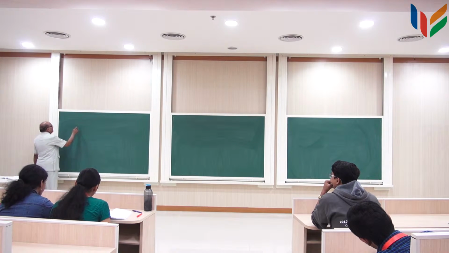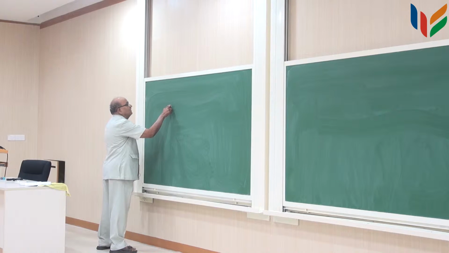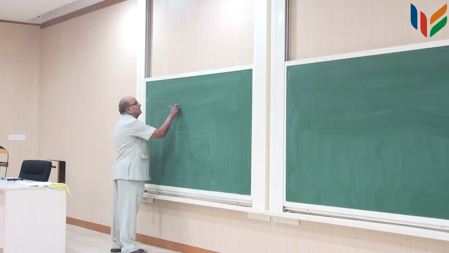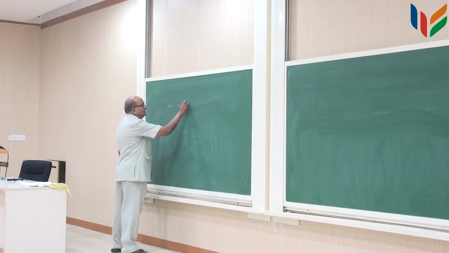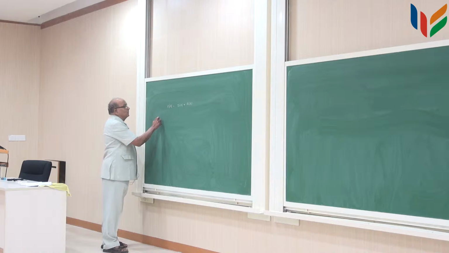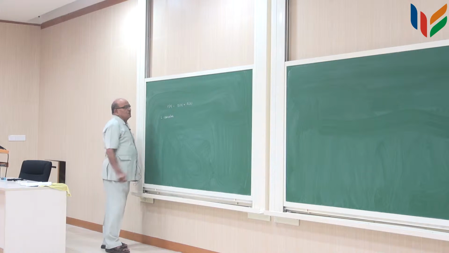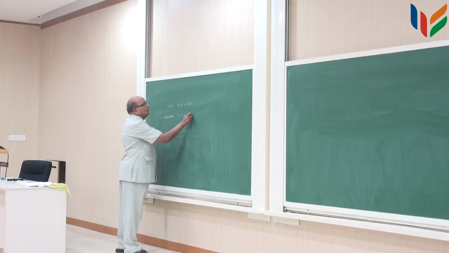that if you have observations R of n, which is S of n plus noise of n, and the observations are available to you, L number of observations, for n is equal to n, n minus 1, and so on and so forth.